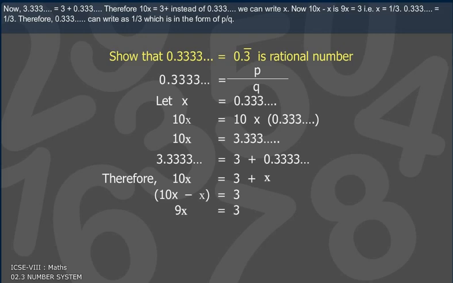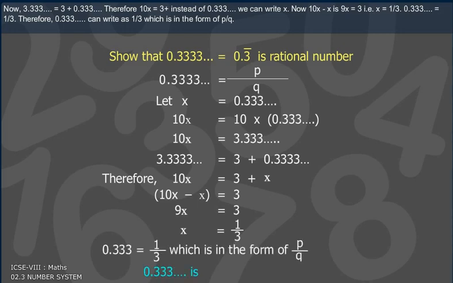Now, 10x minus x, that is 9x, is equal to 3. That is, x is equal to 1 upon 3. So 0.3333 is equal to 1 upon 3. Therefore, 0.3333 can be written as 1 upon 3, which is in the form of p upon q.